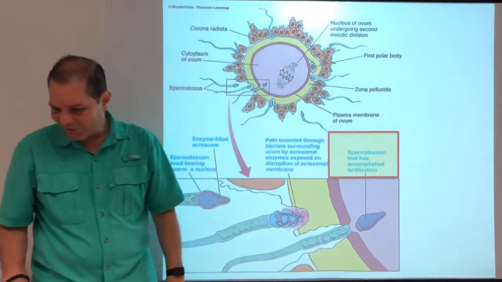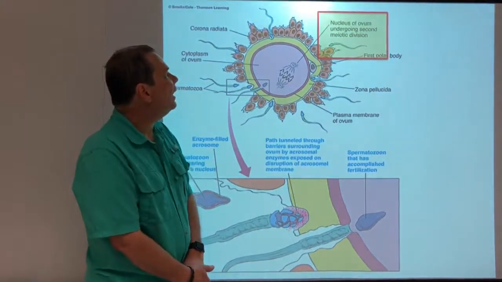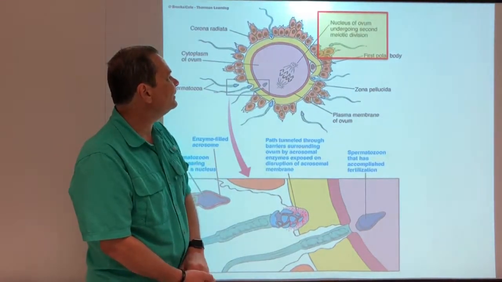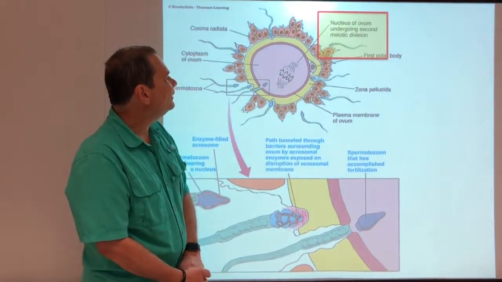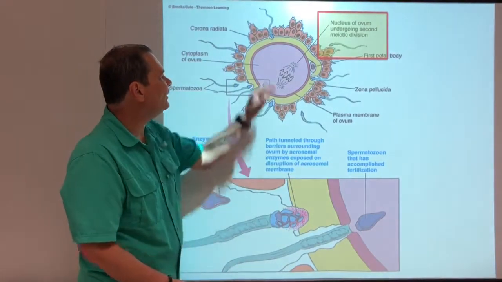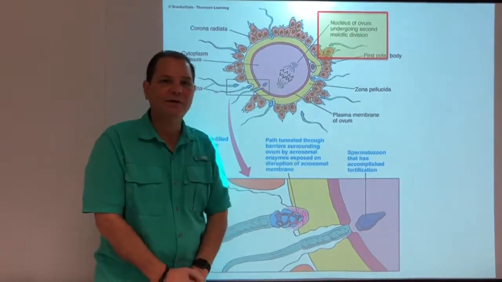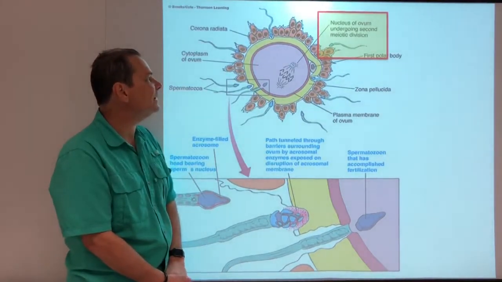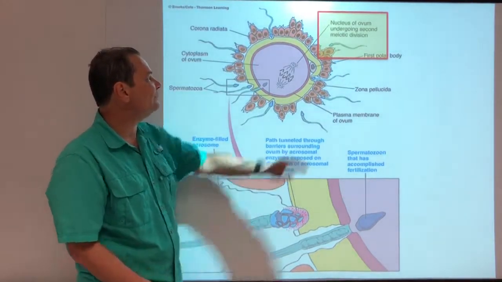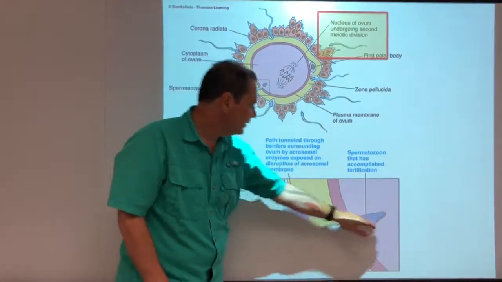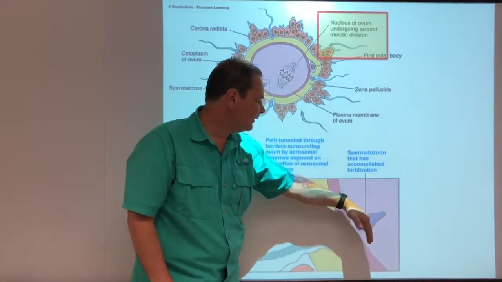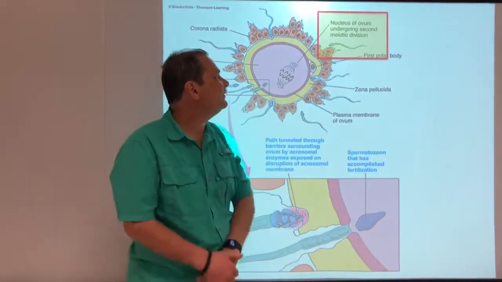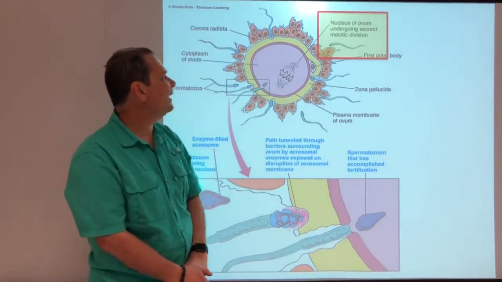And then once that happens, you'll recall from the female reproductive lesson that the DNA of the ovum is suspended partway through the second meiotic division, and that division doesn't complete until fertilization takes place. So once this nuclear material makes its way into the cytosol, you get the continuation of the second meiotic division.